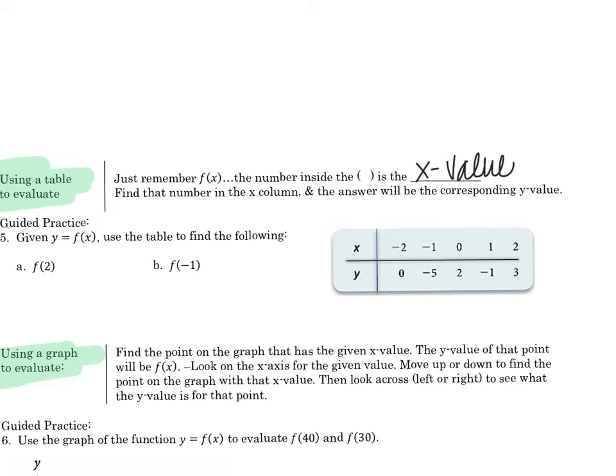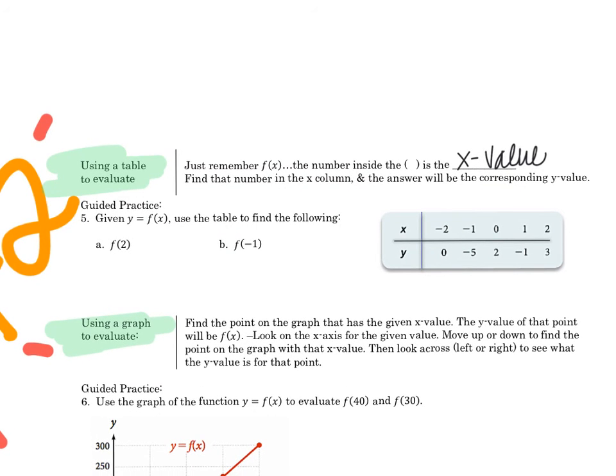Looking at these examples here, given y equals f of x, use the table to find the following. One of the things I usually have my algebra kiddos do is, when we look at a table like this, we see that we have x and we have y, but y is the same thing as f of x.